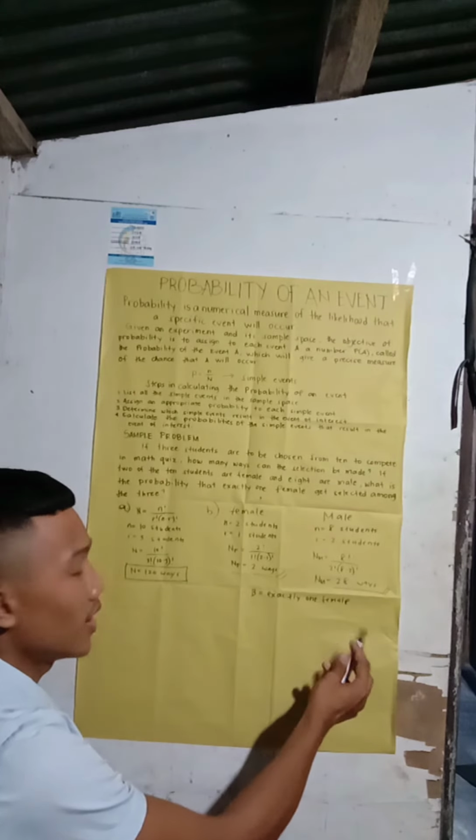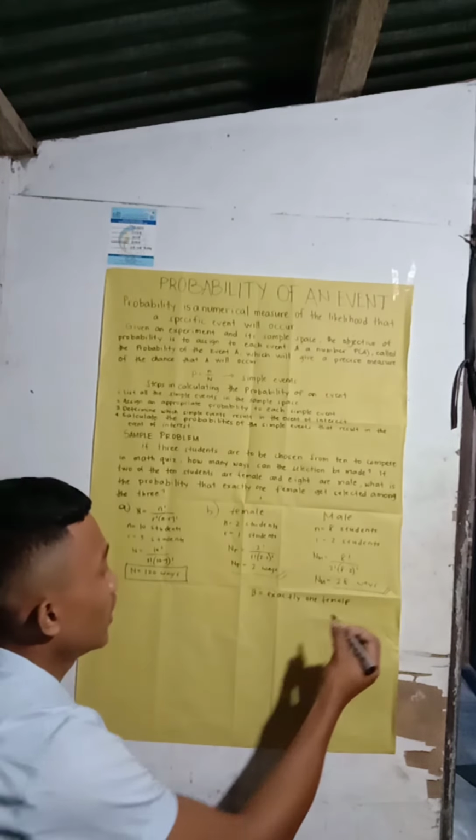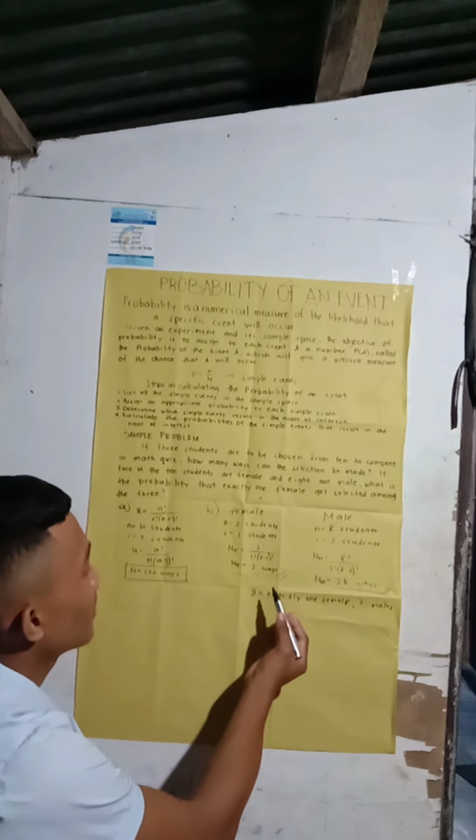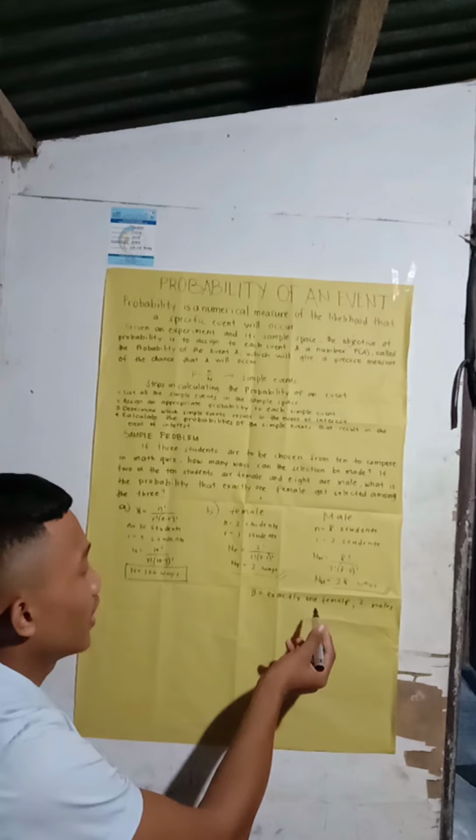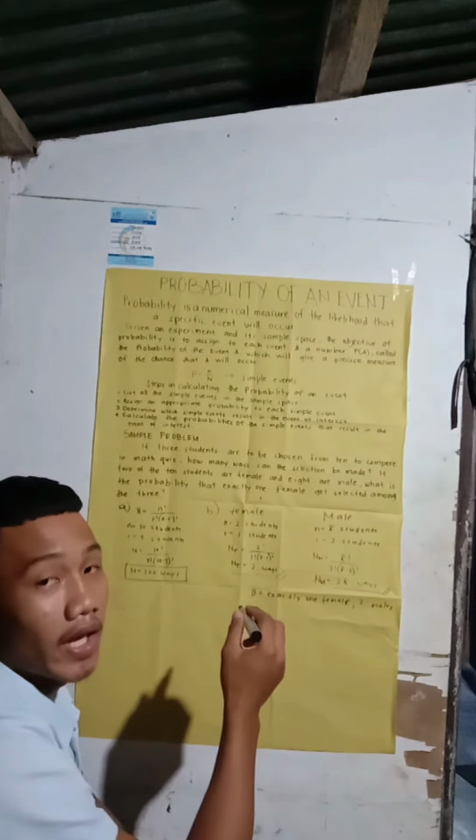Since we have 1 female, meaning we need 2 males to complete the 3 students needed. If we read it, we have 1 female and 2 males. And means we will multiply.